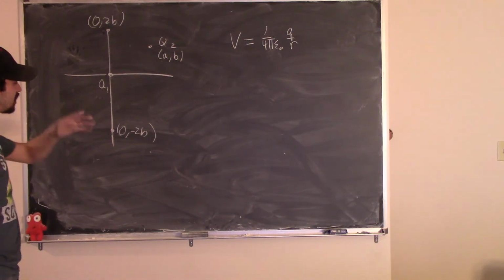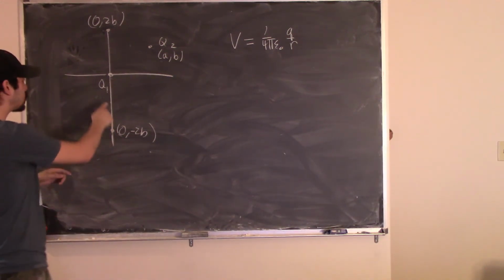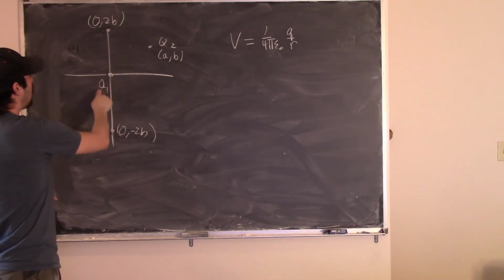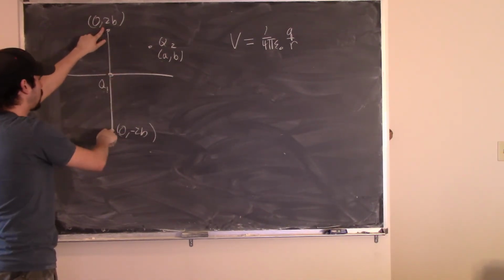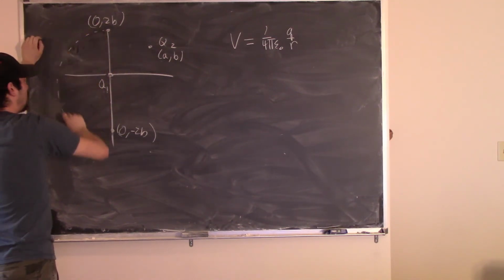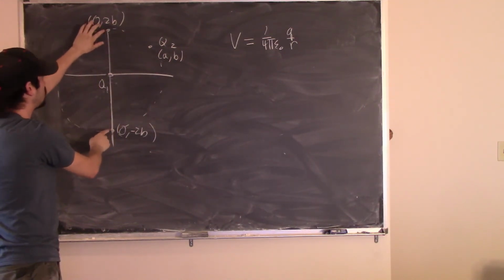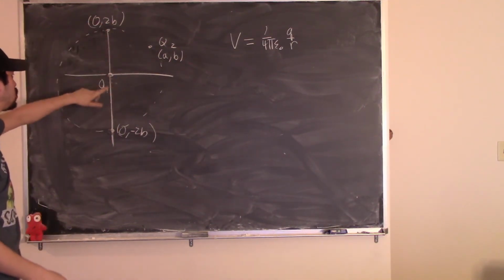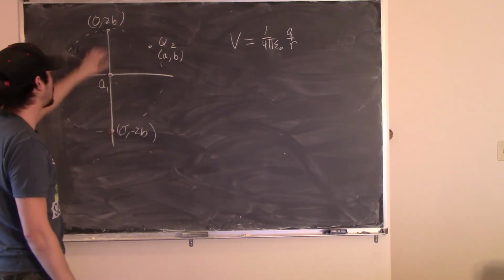But there's actually a shortcut, and that shortcut is realizing that this Q1 has the same electric potential here and here. This is equidistant. In fact, if we wanted to draw some equipotential surface for just Q1, these are the same distance. So whatever contribution Q1 has to the electric potential is going to be the same here and here.